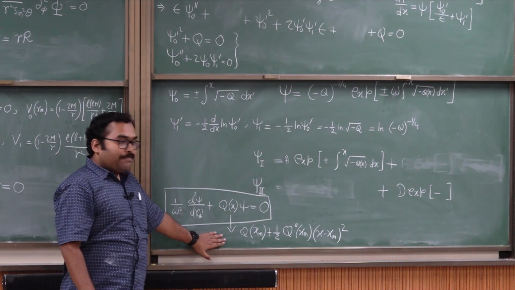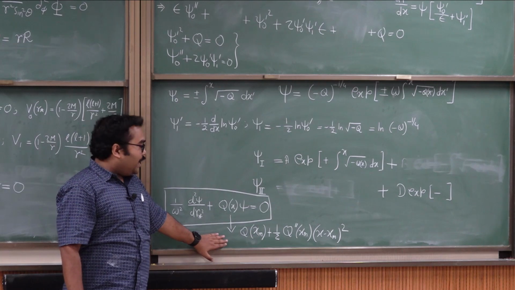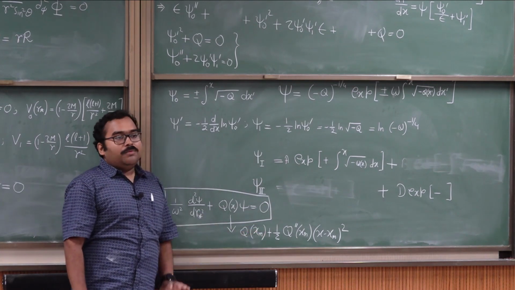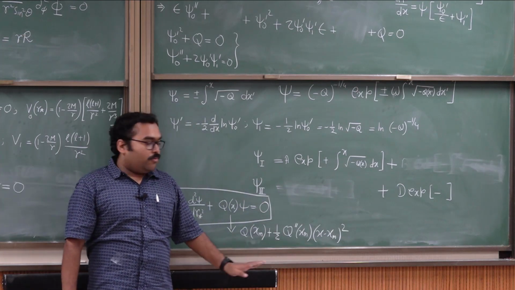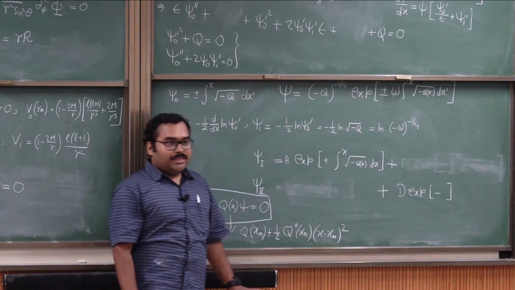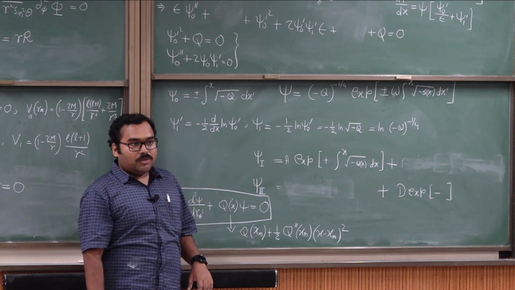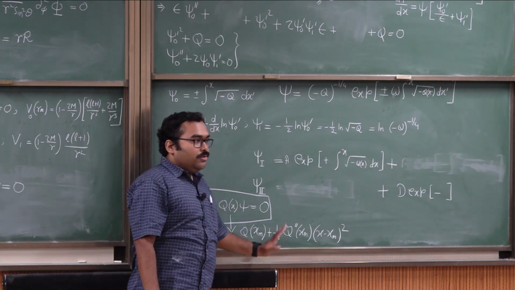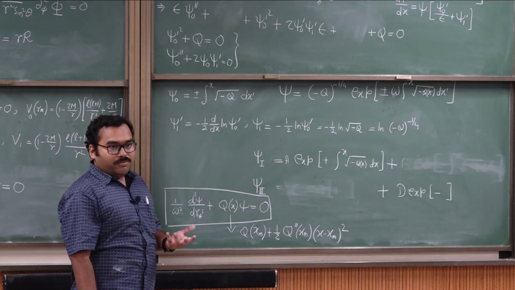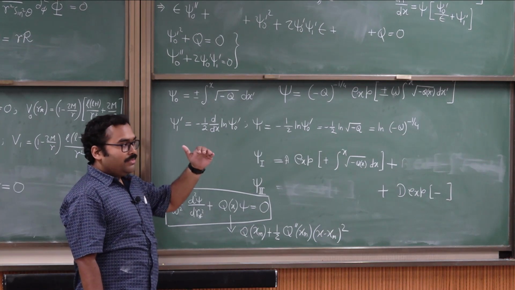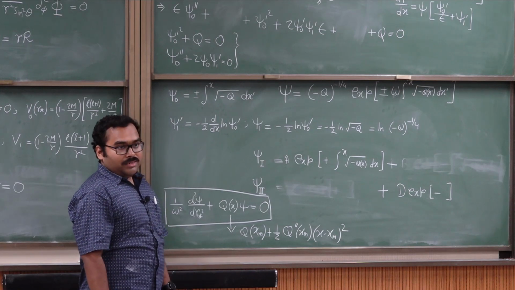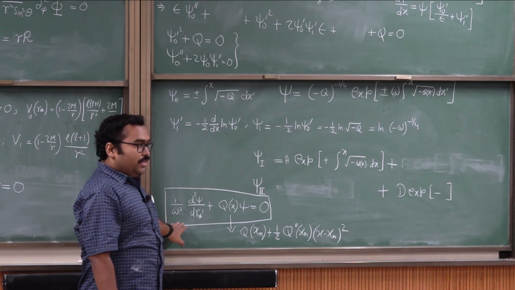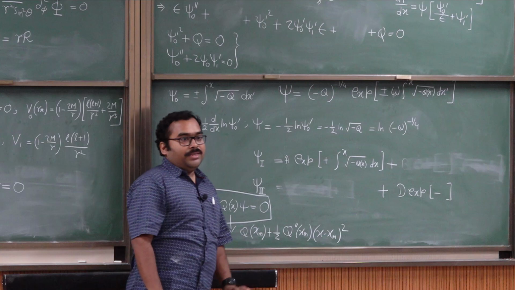That is, we can approximate this q as that of a parabolic potential, because it ends at quadratic order. Of course, you can keep higher order terms, but then you cannot get an analytic solution. If you just restrict yourself up to the quadratic order, which should be more or less fine if you are just interested in a region around that maxima, then this equation is what you get. So this is the Schrodinger equation with a quadratic potential.